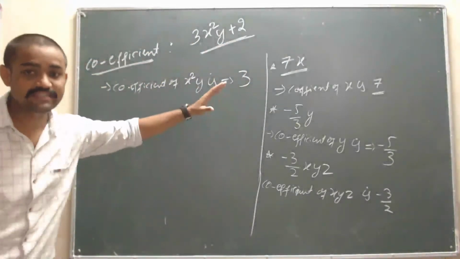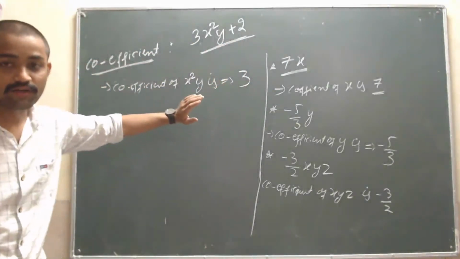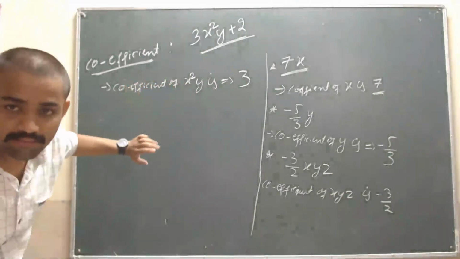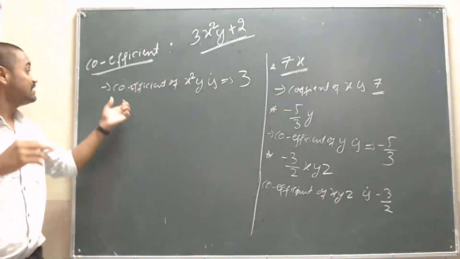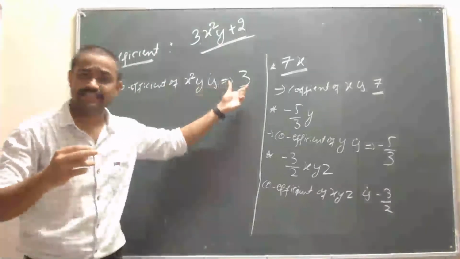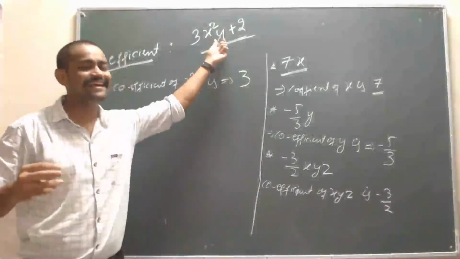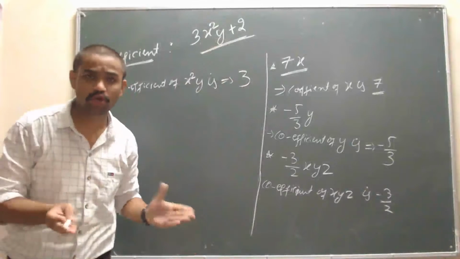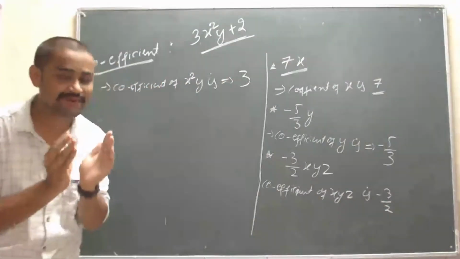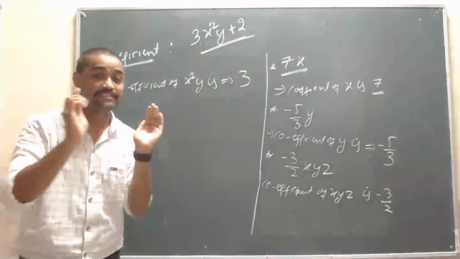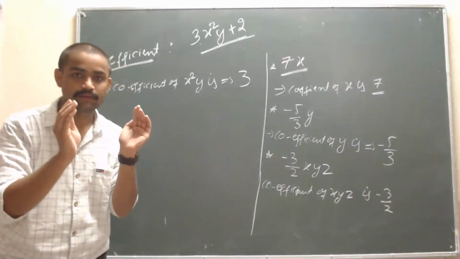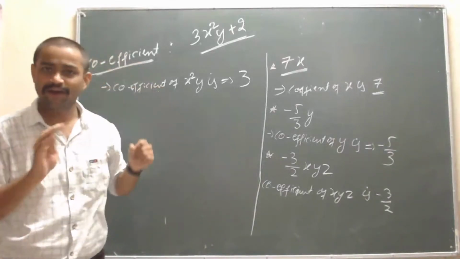Very good, students. Very good, Vaishnavi and Subhashini, Bharat. That is, the coefficient of x square y is 3, students. A coefficient is a constant or a number which is attached to a variable.